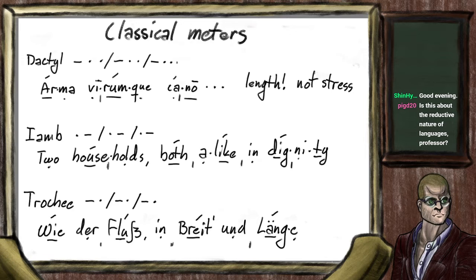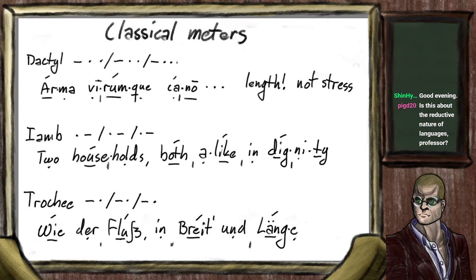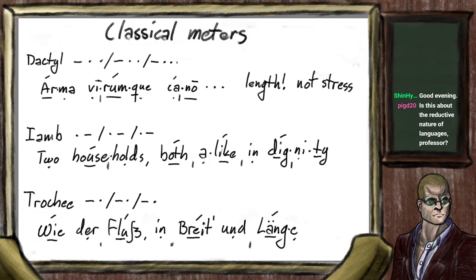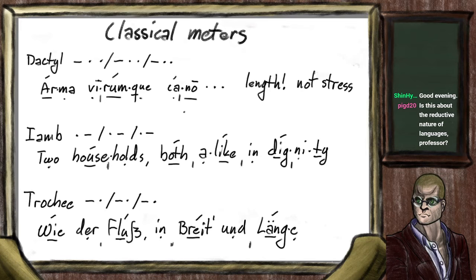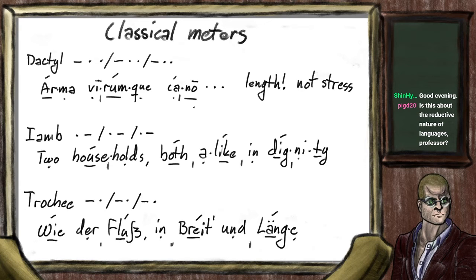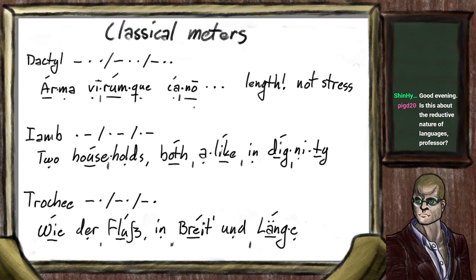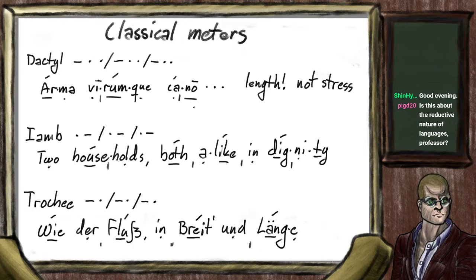This example is Latin. Arma virumque cano, and so on, which doesn't sound bad, in my opinion at least, but it feels very awkward to me because the heavy part of the poetic foot lands on an unstressed syllable, because this is historically Greek poetic meter, which I don't think was quite appropriate to be used with Latin.